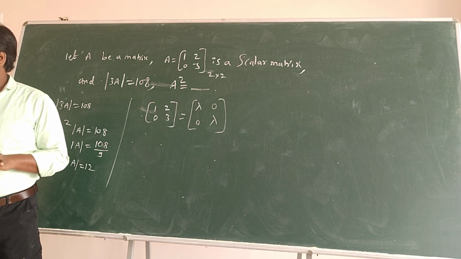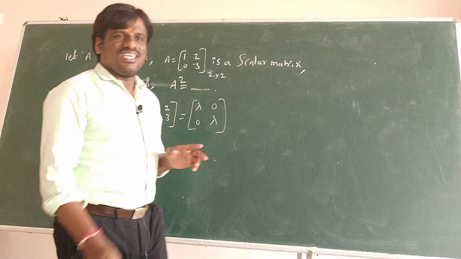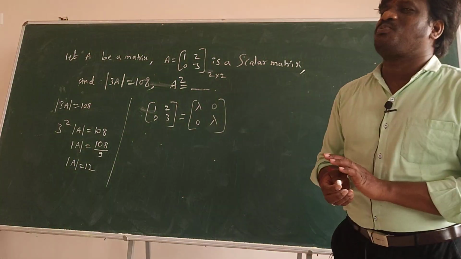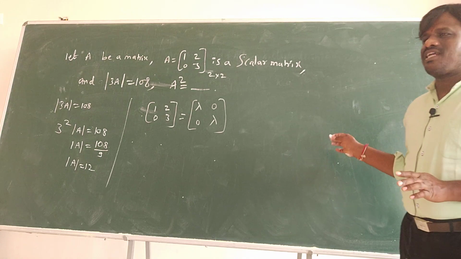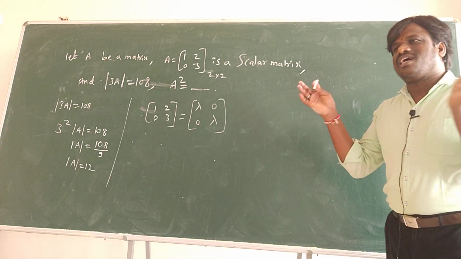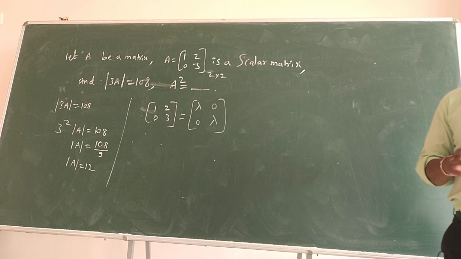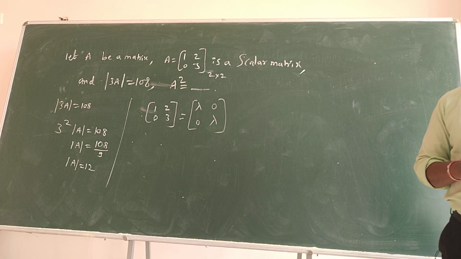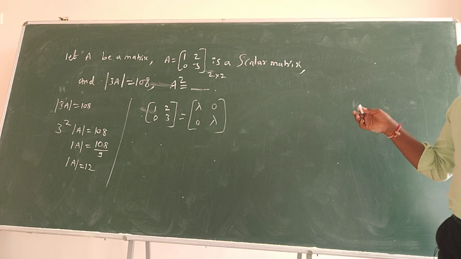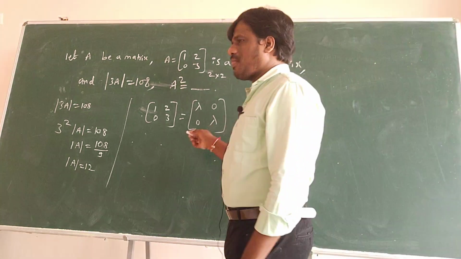Scalar matrix means diagonal elements are the same and the rest are all zeros, and the diagonal is not 1. If it is 1, what happens? Identity, right? So this is correct only, sir.